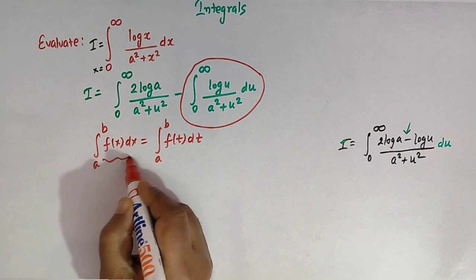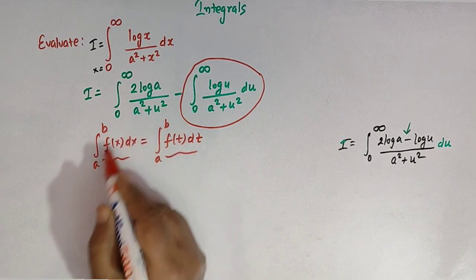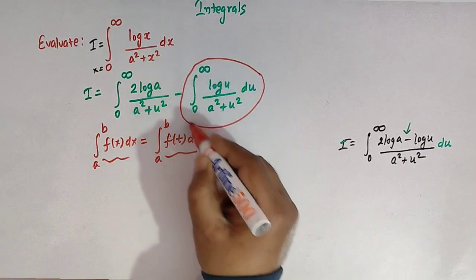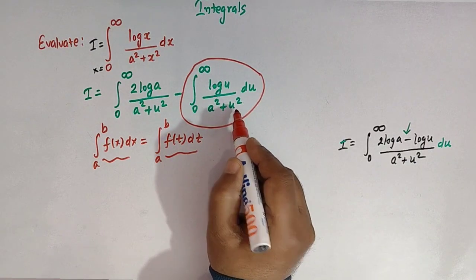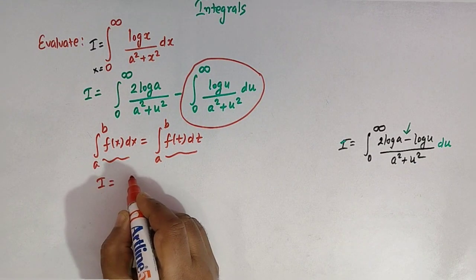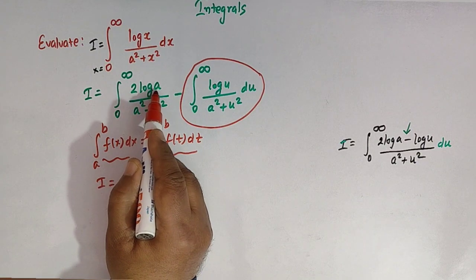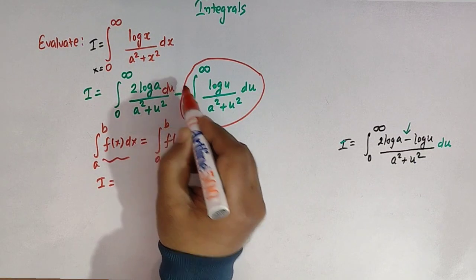So the value of both the integrals is the same. So we can now replace this integral by I. So we have I is equal to, now here 2 log a, here we have du.